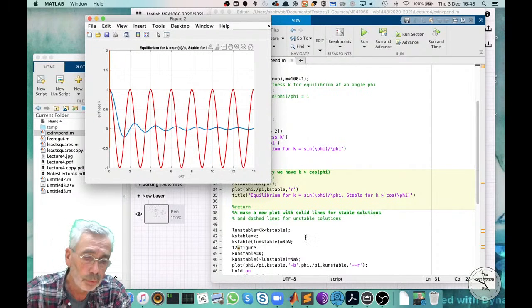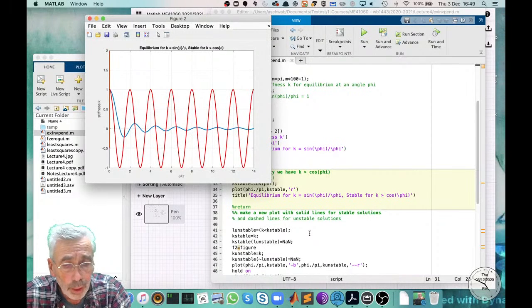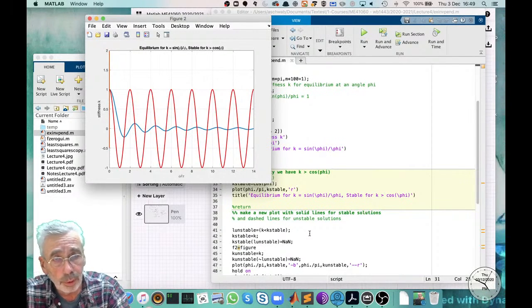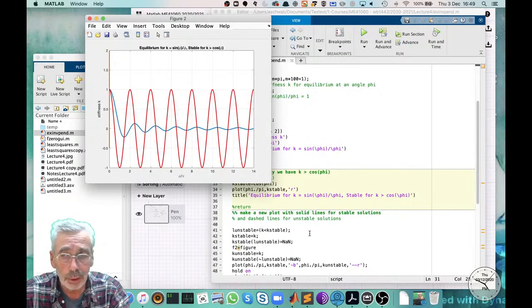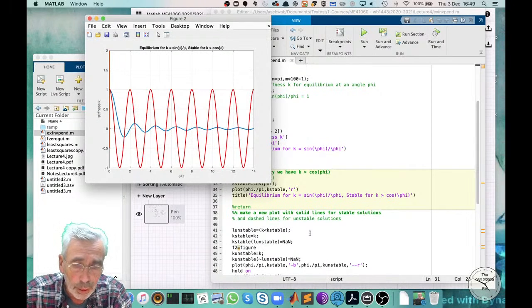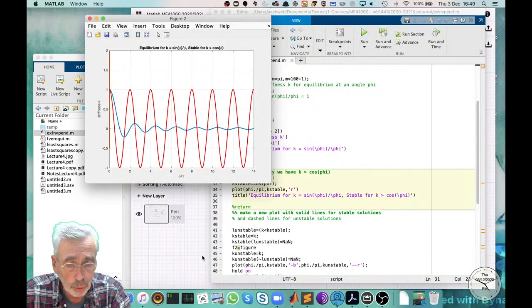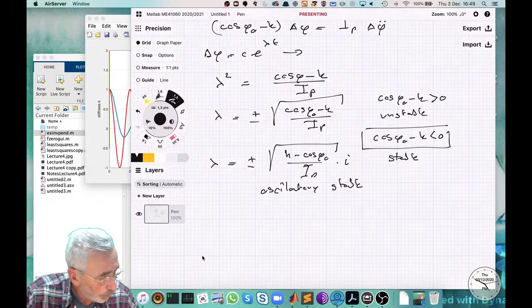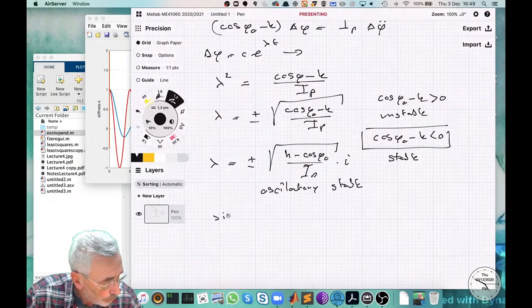And these crossings is, of course, again a solution of a problem where I have to solve both the equilibrium condition and this stability condition. I want to know what is the boundary. So I have a double problem. I have to solve sine phi 0 minus k phi 0 equals this, and the other equation: cosine phi 0 equals k.